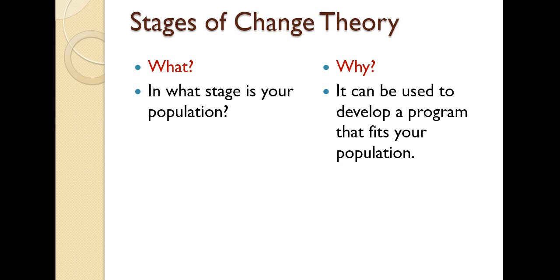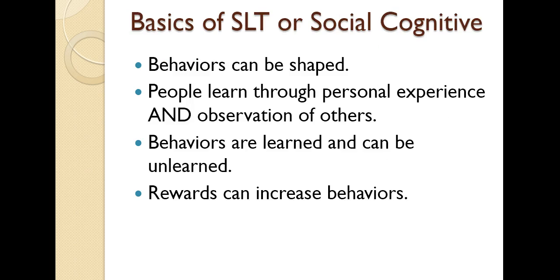So for the middle school and for Towson University, what is the stage that your population is in? You have to look at your topic and all the needs assessment data we've collected, and then try to figure out what stage your population is in, and then what do you do to develop a program? What vendors match that? What topics or activities match that? That's how you would use the stages of change.